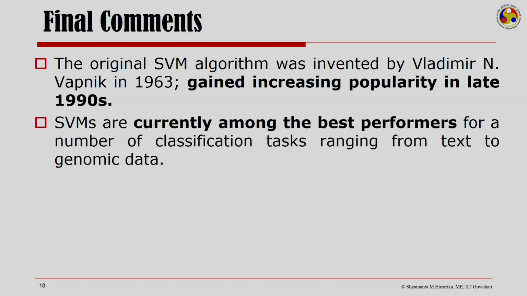The support vector machines are possibly currently the best or among the best performers for a number of classification tasks, which range from text to genomic data. In fact, for anyone who claims to have worked in machine learning or any literate in machine learning, the support vector machine needs to be in his toolbox.